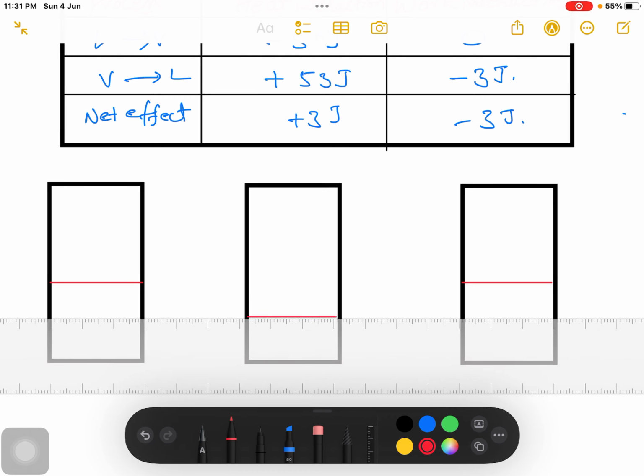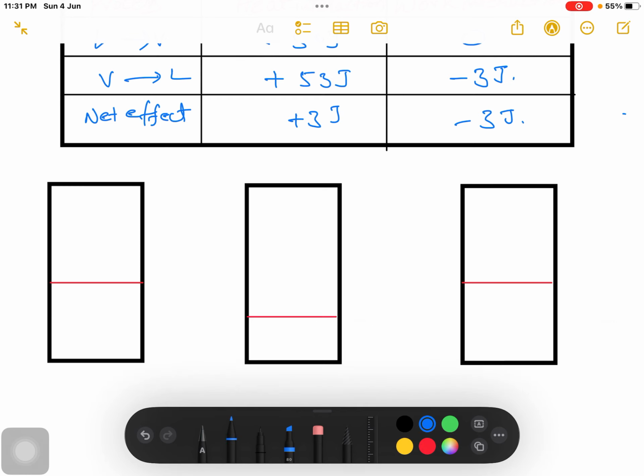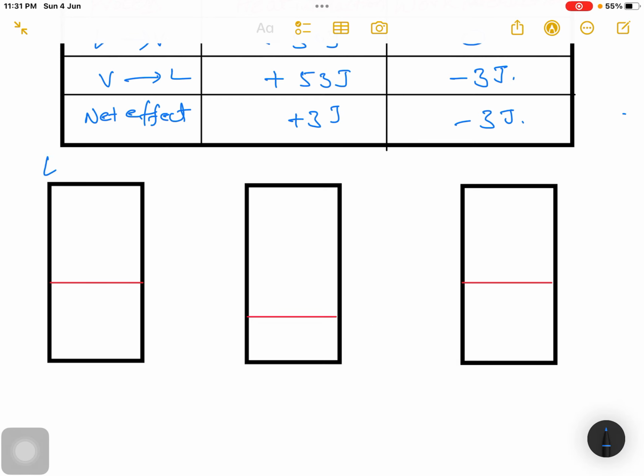This temperature is 99.99 degrees Celsius and the source temperature is 100 degrees Celsius. As I told you that it is not going to happen automatically, we have to connect a device called refrigerator which consumes energy called electricity.